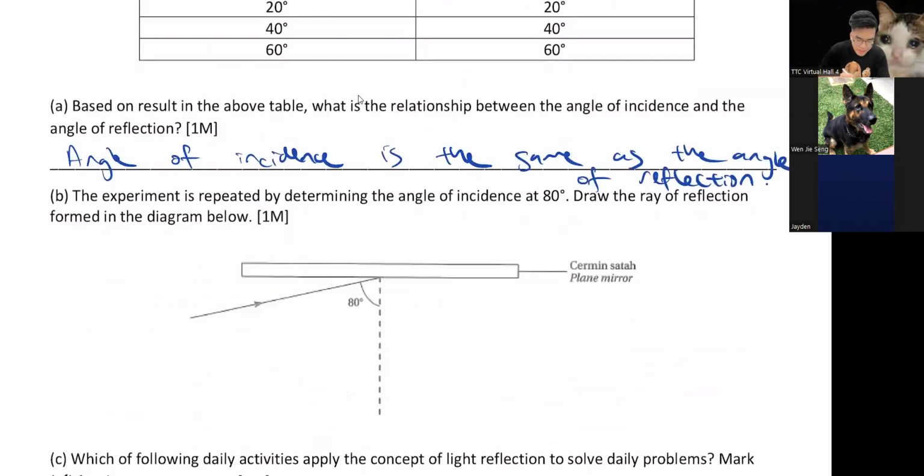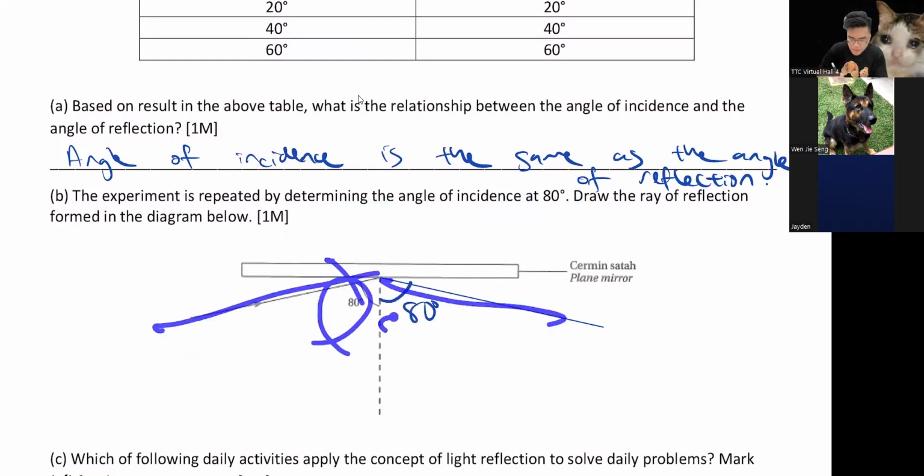So B, the experiment is repeated by determining the angle of incidence at 80. So you see, this is what they ask you to draw. So what will be the reflected one? Same thing. If I go in at 80, then I will come out at 80. 80 degrees in, 80 degrees out.